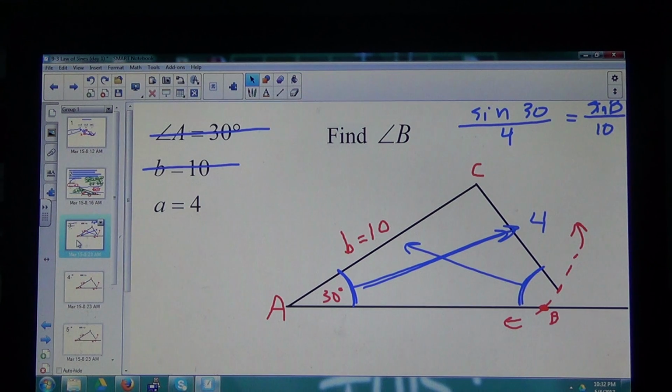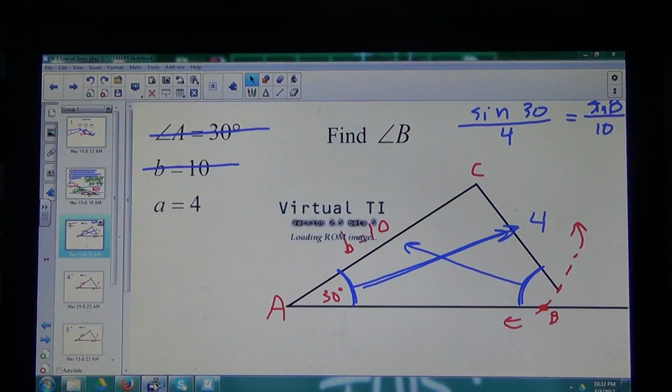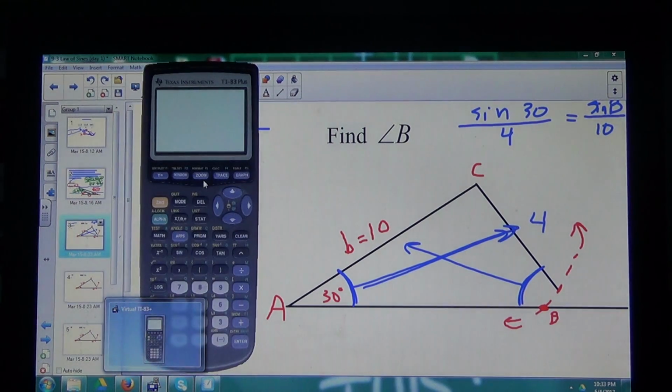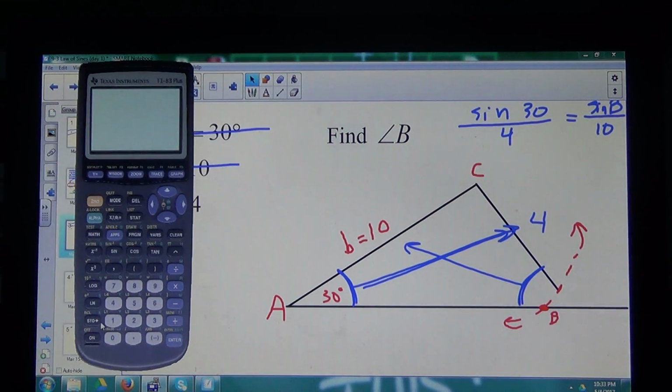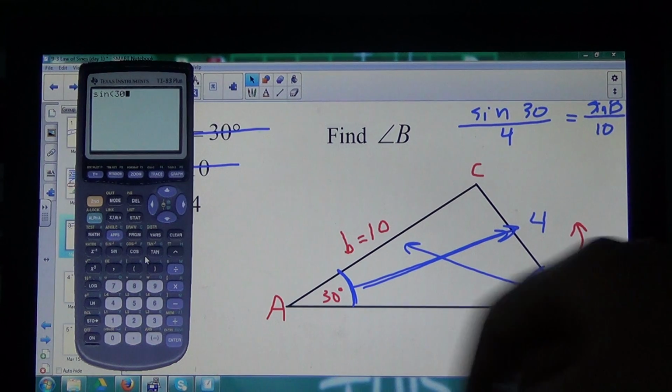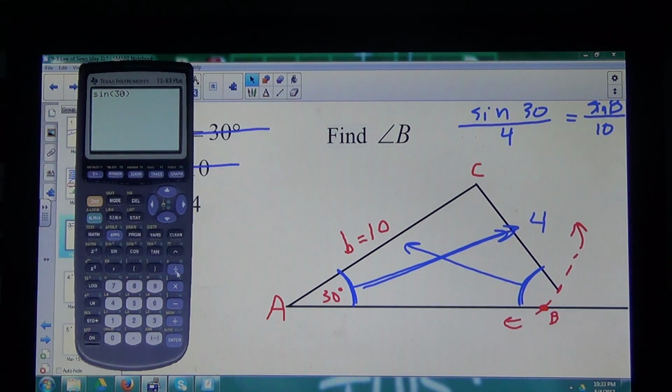Okay, so let's plug this into my calculator now. In my calculator, I will cross multiply again. So it's sine of 30. Again, what mode do I have to be in? Degree mode. So I'm going to go sine of 30 times 10.